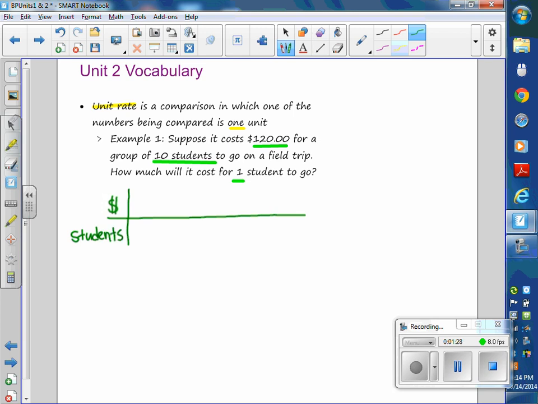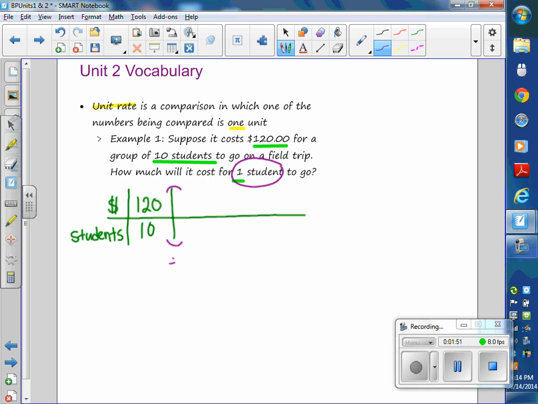And then put your starting value. So the starting value is, we know it costs $120 for 10 students. And then use the techniques we've been doing in class to work through your ratio table. But this time the goal is to have a comparison to one student.